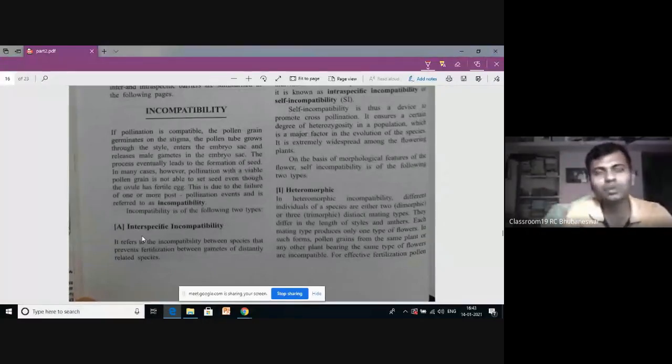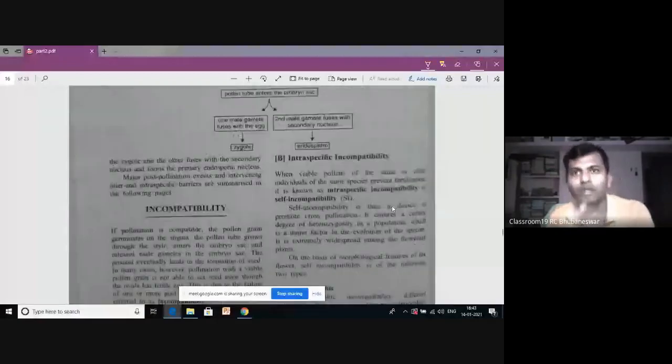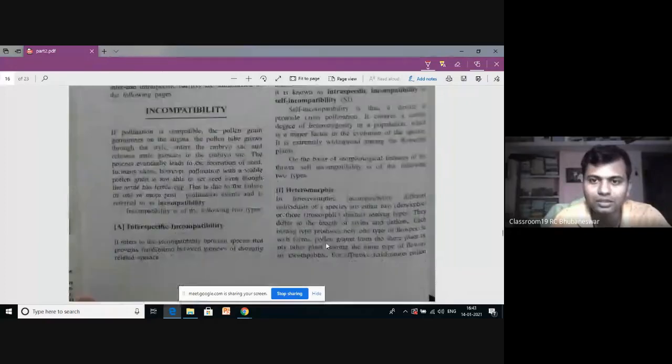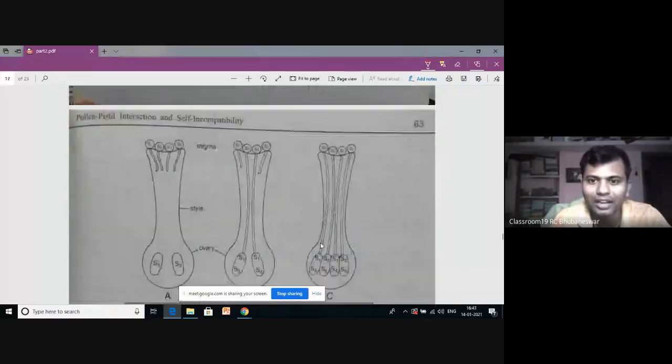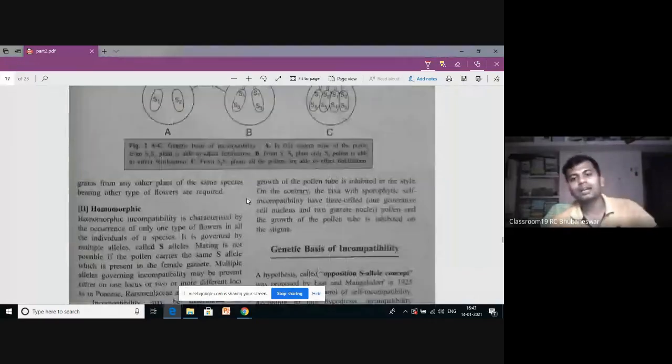Definitely the pollen grain of one plant does not germinate on the stigma of the other. Intraspecific means among the mango plants or among the orange plants, that is, members of the same species. The incompatibility may be heteromorphic or homomorphic. So look at these things.